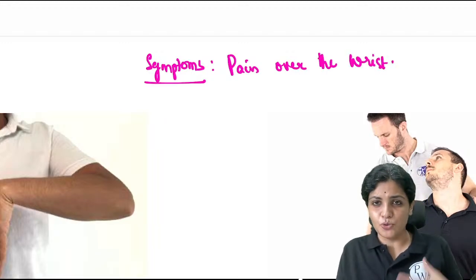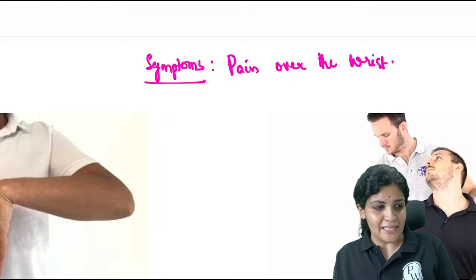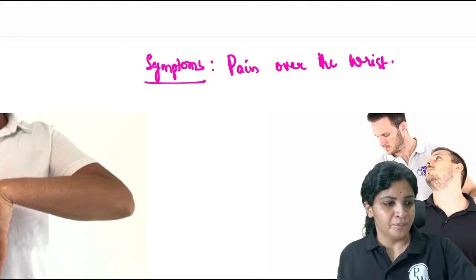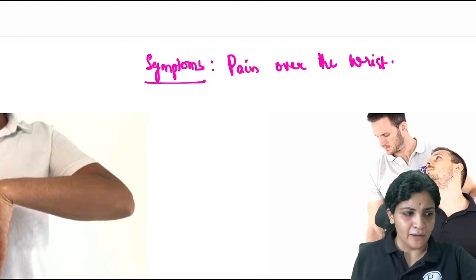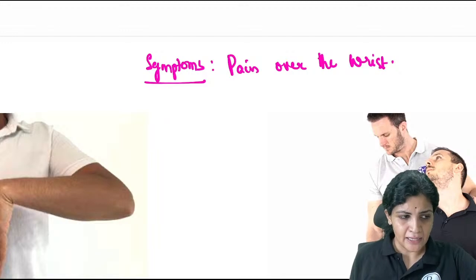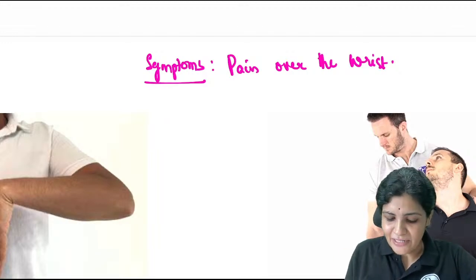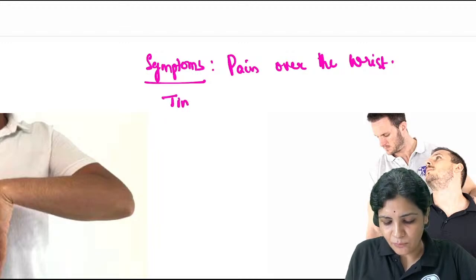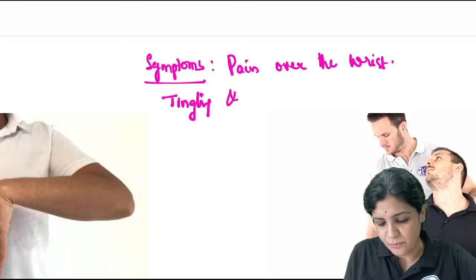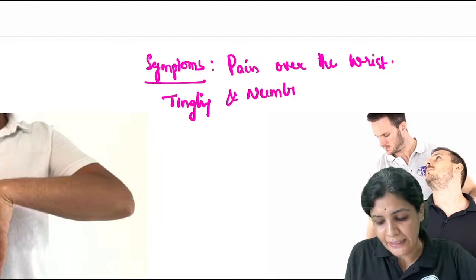They will not be able to do their regular activity as they normally would. So that would be the main symptom. They would come with pain over the wrist, and as I've already mentioned, tingling and numbness.